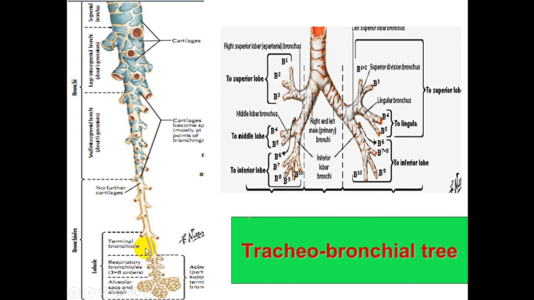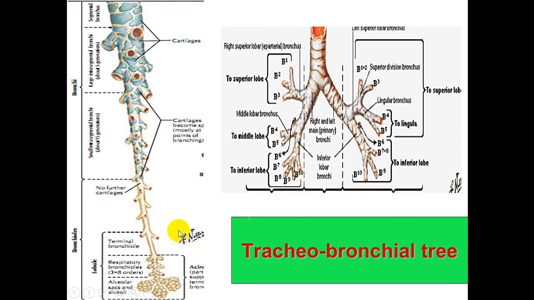Along with that, the terminal bronchiole, which is the first part of the bronchiole, is also the conducting part. Starting from the respiratory bronchioles up to the alveoli, this part makes the exchange part of the respiratory system.